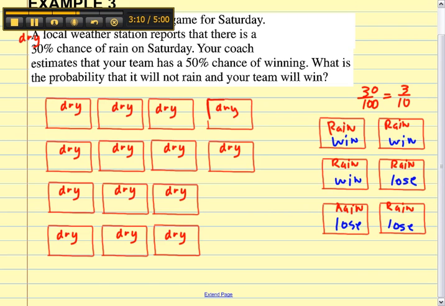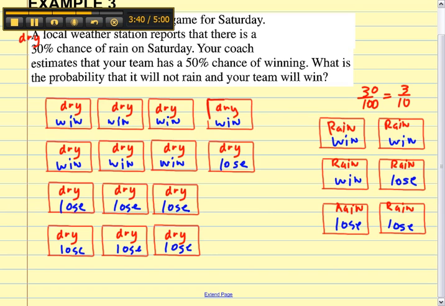Half of these will be win. How many do I have? 14? I think I have 14, right? So that means 7 will be wins. And then 7 of them will be losses. That's not right, Mr. C.